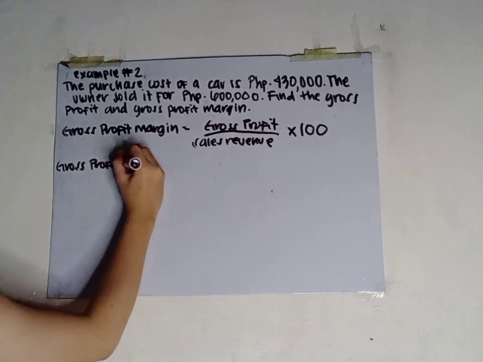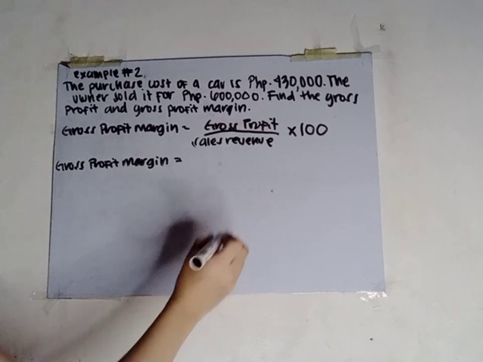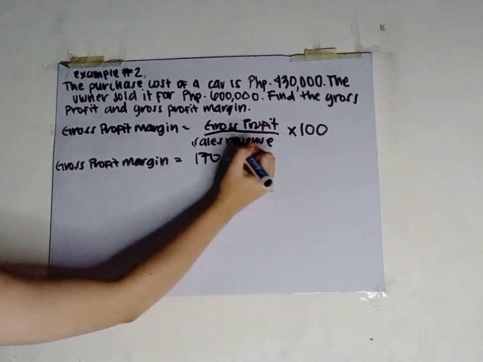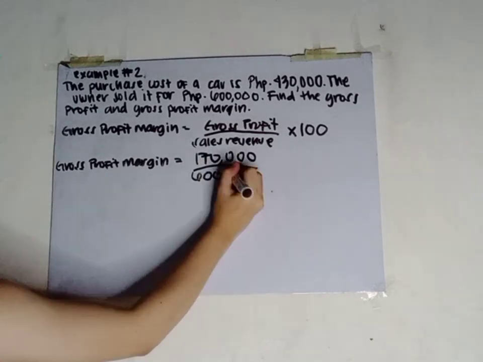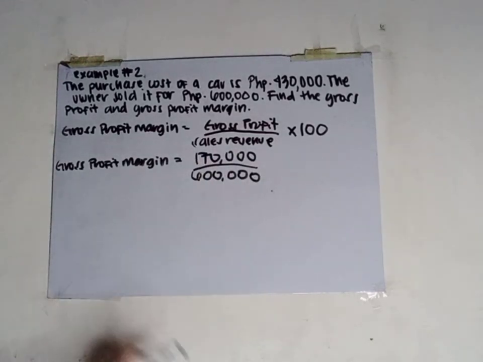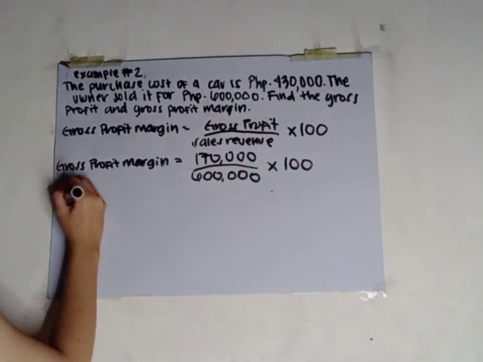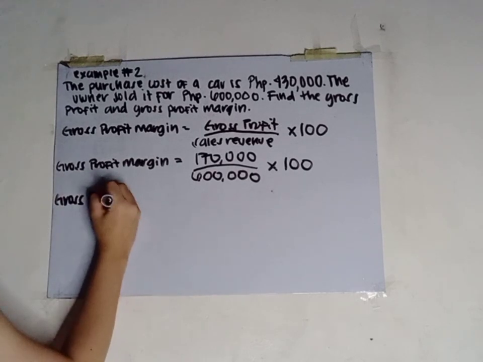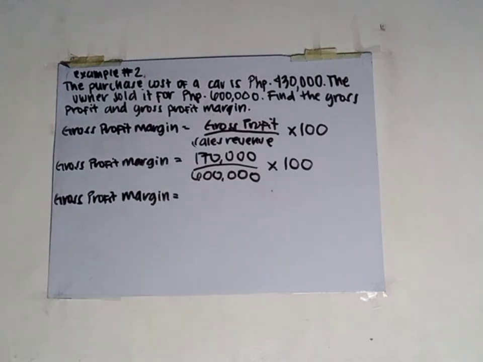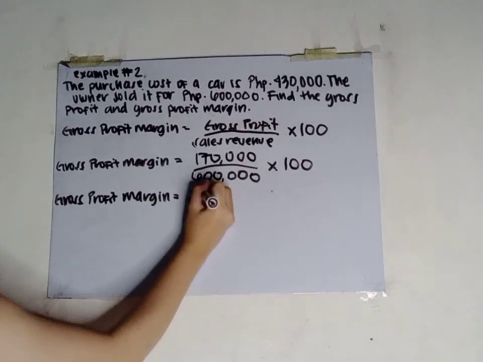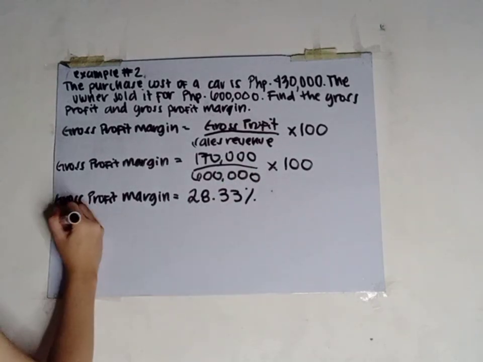Gross profit margin equals 170,000 pesos divided by 600,000 pesos times 100. Gross profit margin equals 170,000 divided by 600,000 times 100, which equals 28.33%.